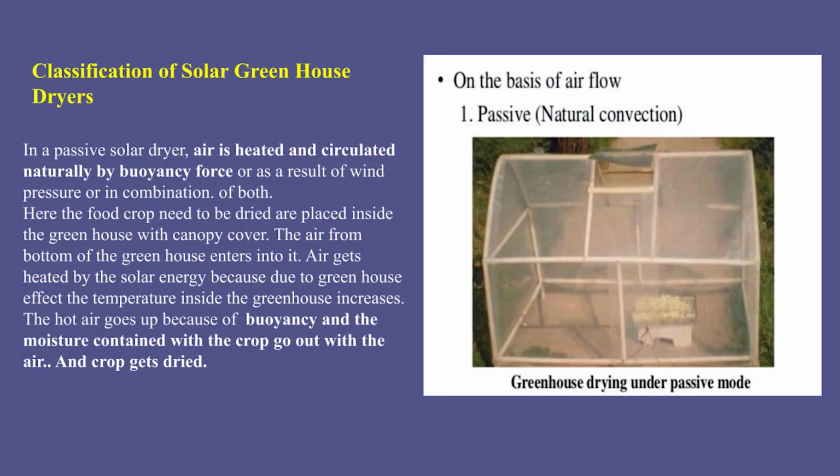You can see in this diagram that your crop is placed inside the greenhouse with a canopy cover. The air from the bottom of the greenhouse enters it. Air gets heated by the solar energy, because due to the greenhouse effect the temperature inside the greenhouse increases. The hot air goes up because of buoyancy and the moisture content of the crop goes out with the air, and the crop gets dried.